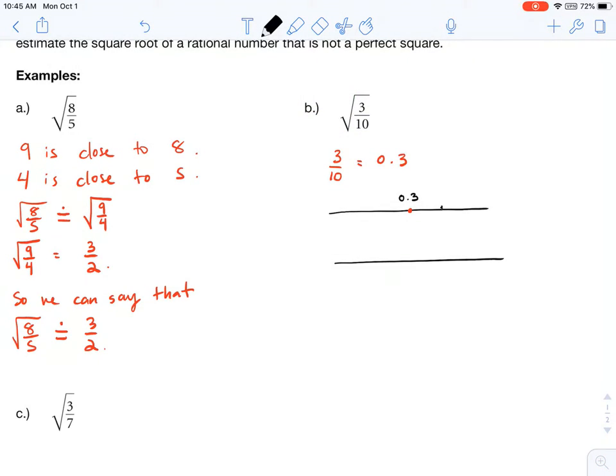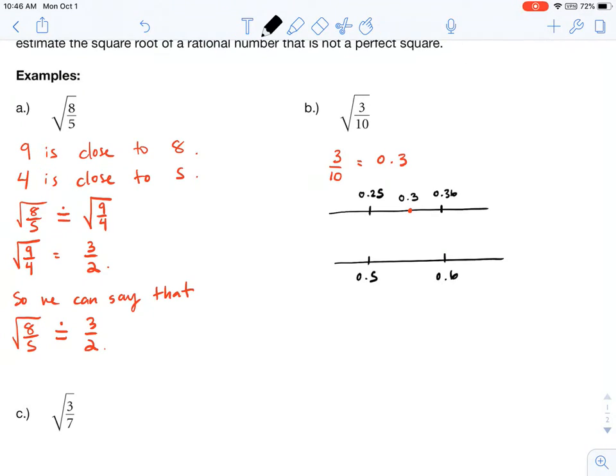And we've got to think of what our closest perfect squares to 0.3 are. Well, on this side, you have 0.36. We know that that is a perfect square. And on this side, we have 0.25. And we know that the square root of 0.25 is 0.5, and we know that the square root of 0.36 is 0.6.